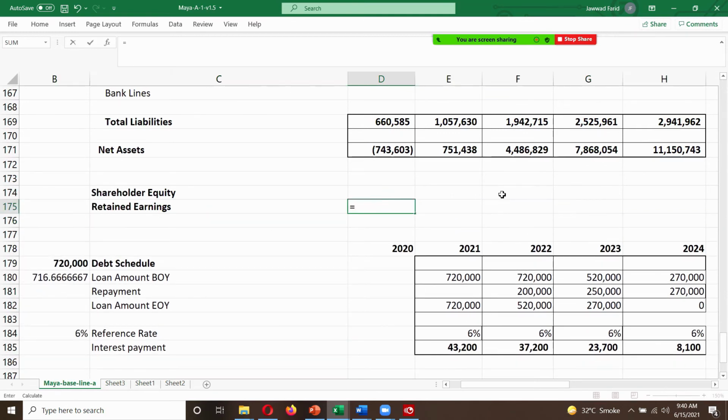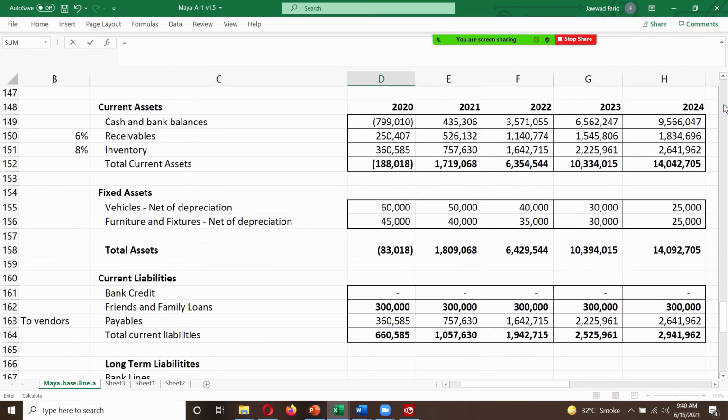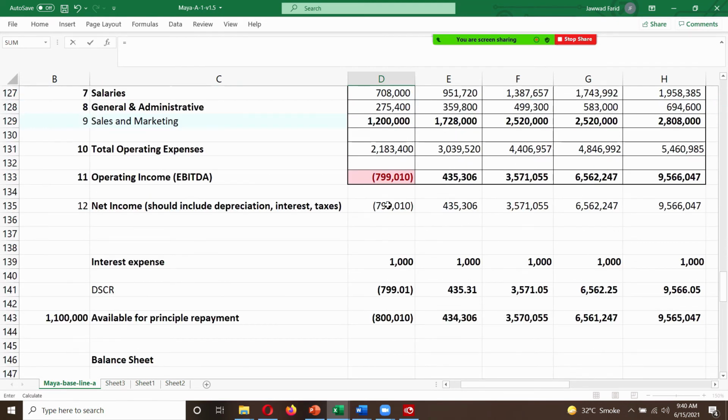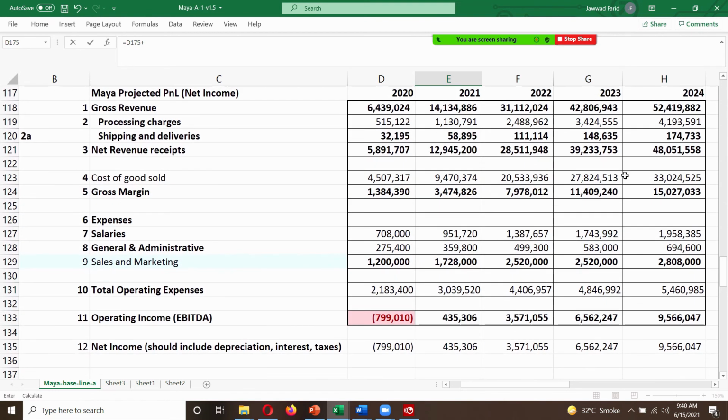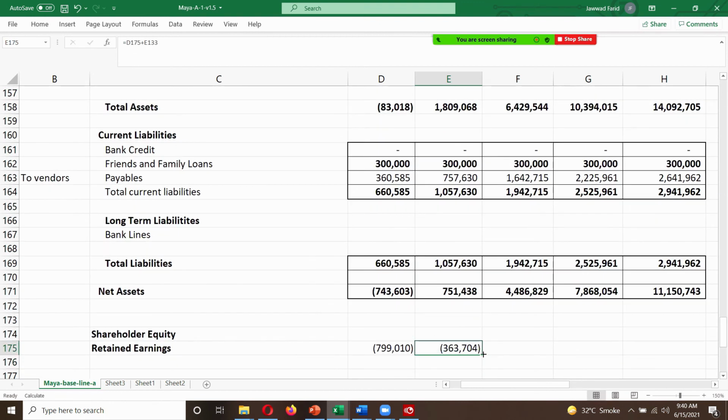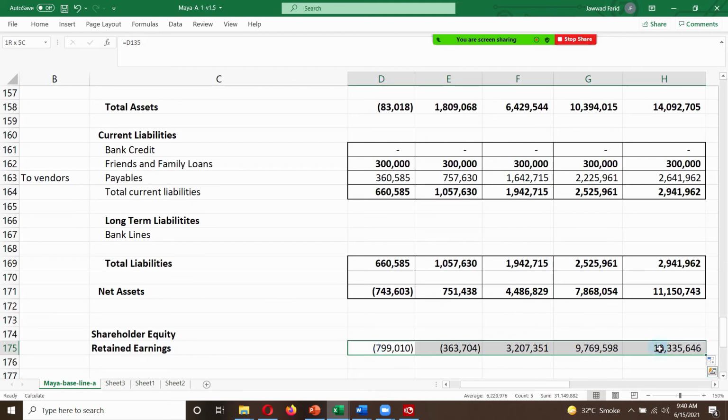So if I take the retained earning figure from net income above, that's my starting point. That's this one. And next year, what's going to be? It's going to be the previous year's balance plus this figure. So that's still negative, and then it grows. So then it becomes decent, right? So that's my first figure.